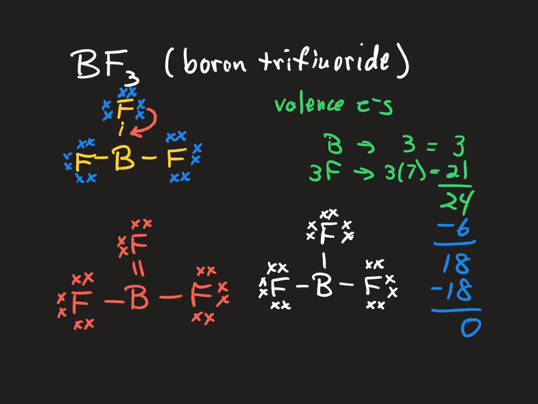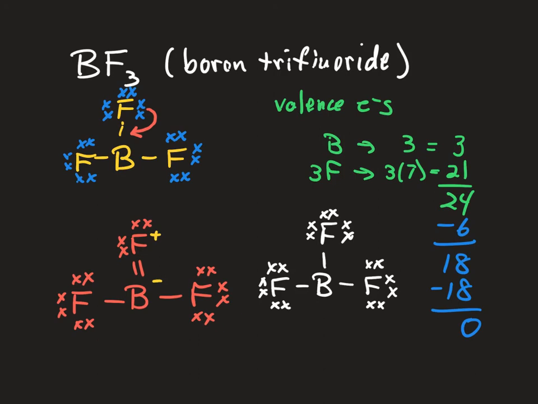We've done this enough times that we shouldn't have to go through it, but you should test me, right? In the left structure, in the red structure, this boron would have a negative formal charge, and fluorine would have a positive formal charge. In the right structure, everything is 0.